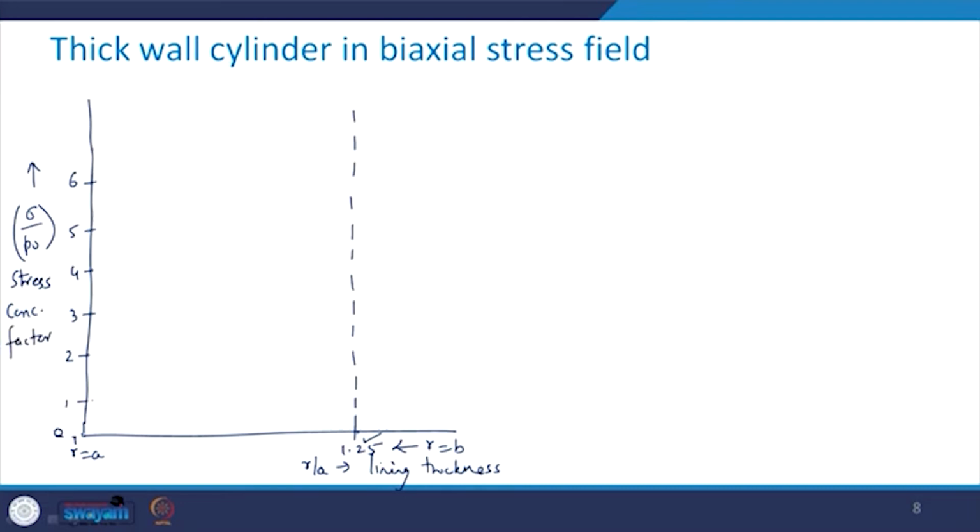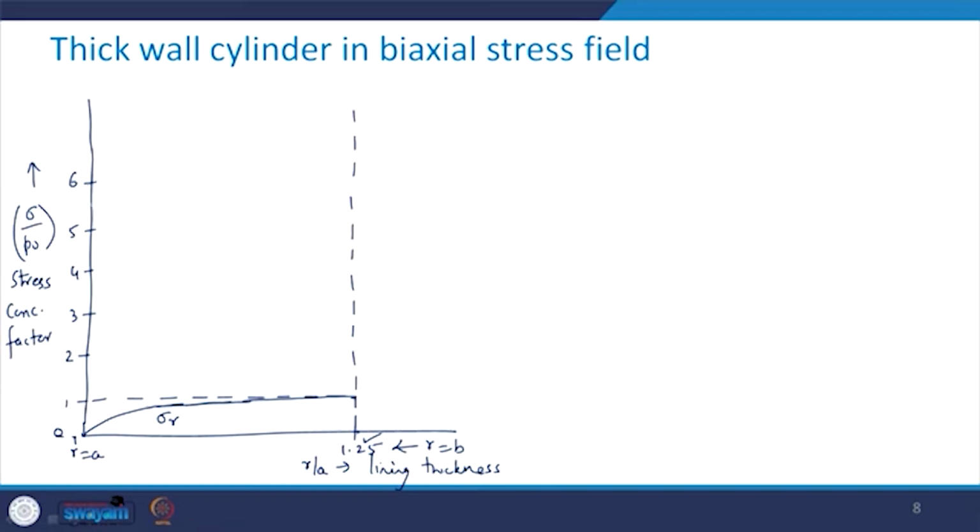Now I just draw a horizontal line from this 1, and we have seen that at r equal to b, your sigma r becomes equal to 1, and at r equal to a, this is 0. So this is how its variation is going to look like. Here it will become equal to 1. So this is going to be the variation for sigma r.